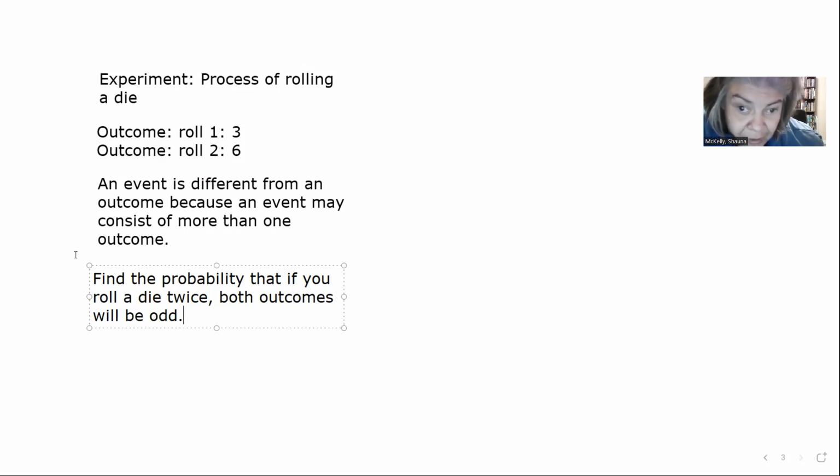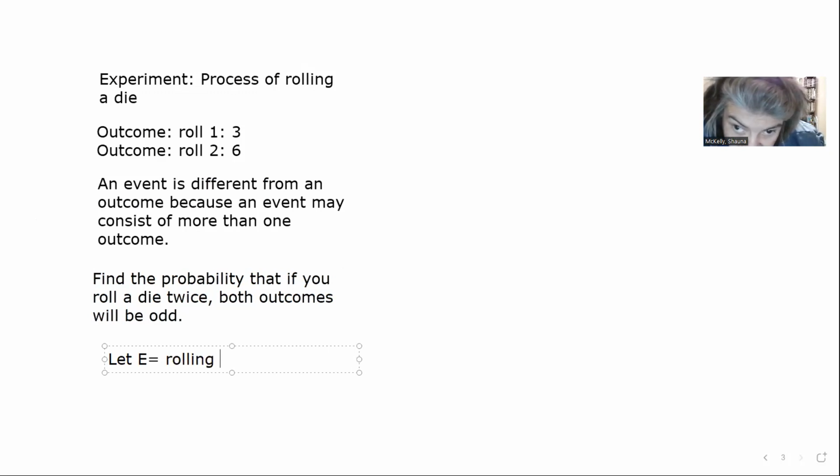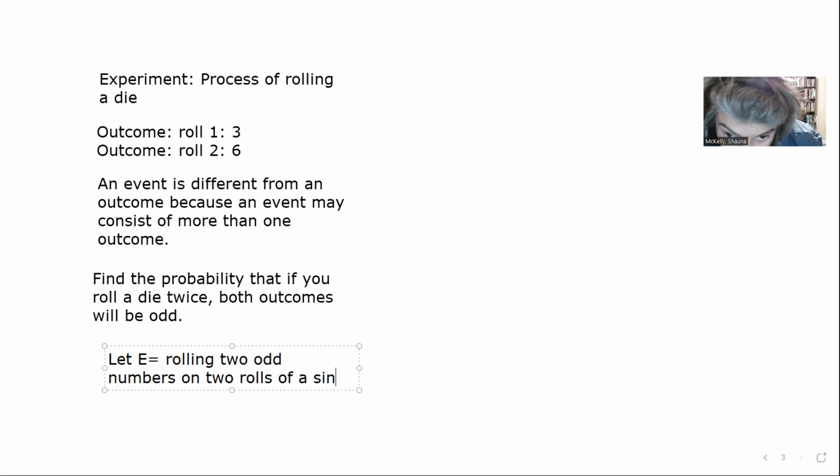This is an event. So we would write, let E for event be rolling 2 odd numbers on 2 rolls of a single die, okay?